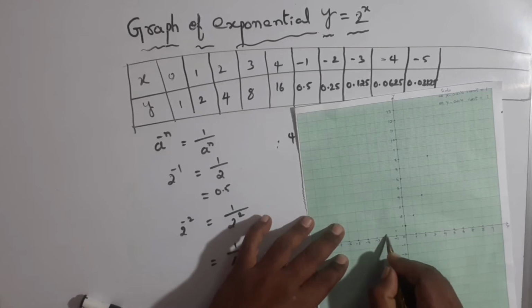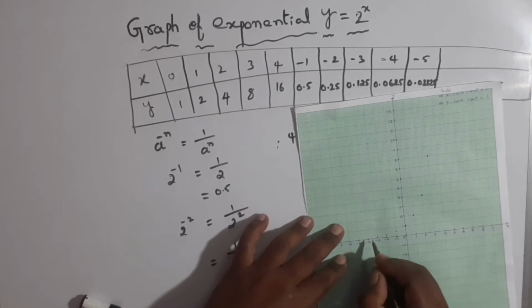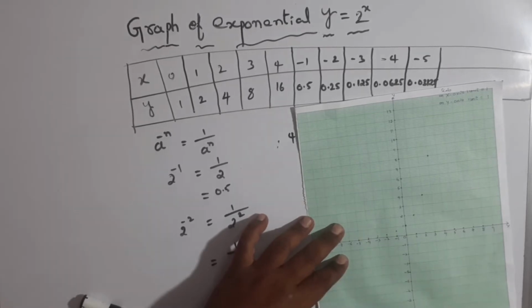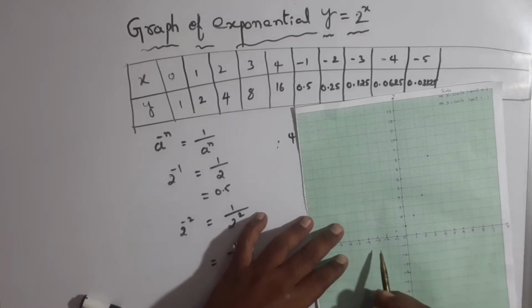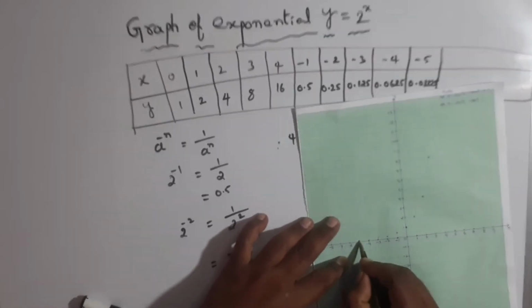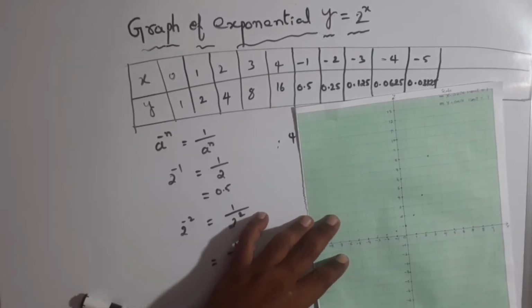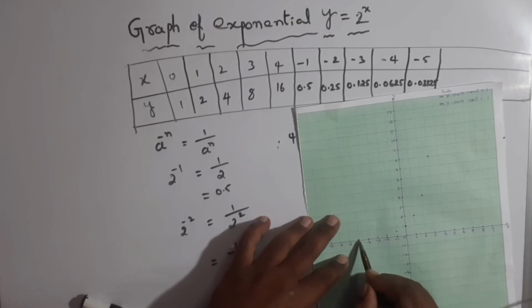To give some area, x equals minus 3, it is like this. x equals minus 4, 0.0625, which is very near to the x axis but not touching the x axis. And x equals minus 5, 0.03. It's almost very near. So let me connect all these points carefully.